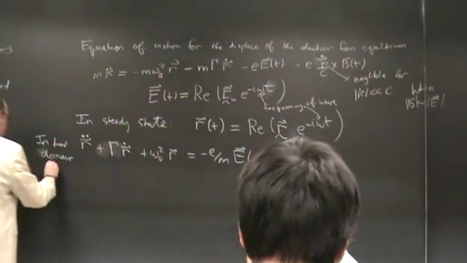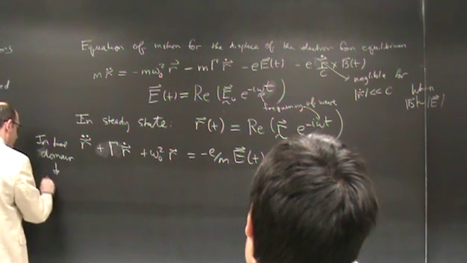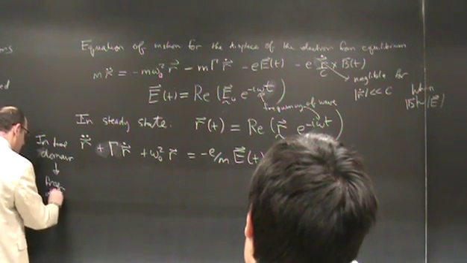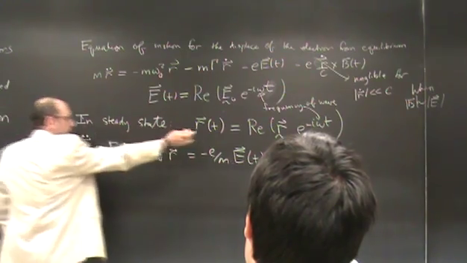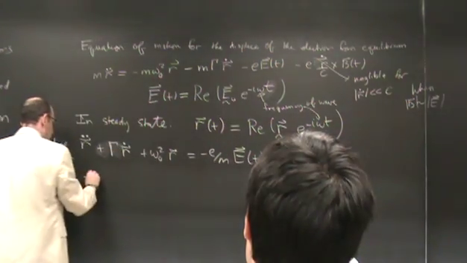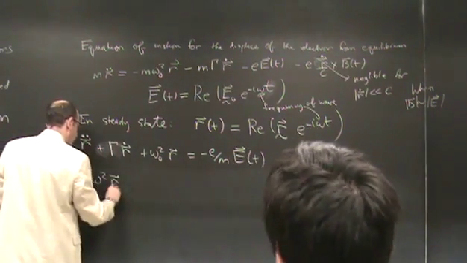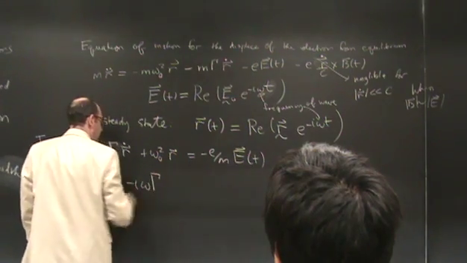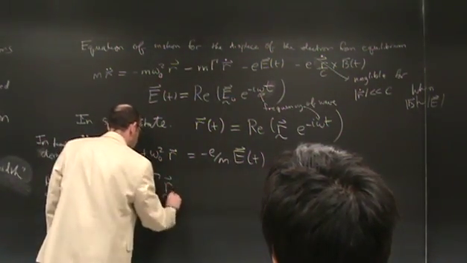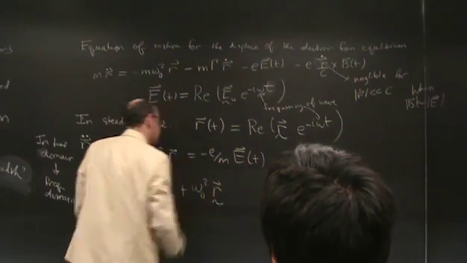In the frequency domain, this becomes, under this assumption, minus omega squared R twiddle minus i omega gamma R twiddle plus omega 0 squared R twiddle.